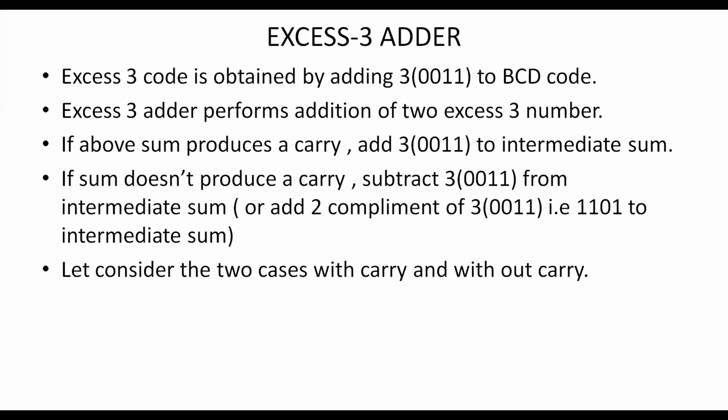We add BCD numbers in XS3, and this will also be helpful as a BCD to XS3 converter. The XS3 code is obtained by adding 3 to the BCD code. BCD codes range from 0 to 9. Similarly, XS3 codes come from adding 3 to the given BCD number.